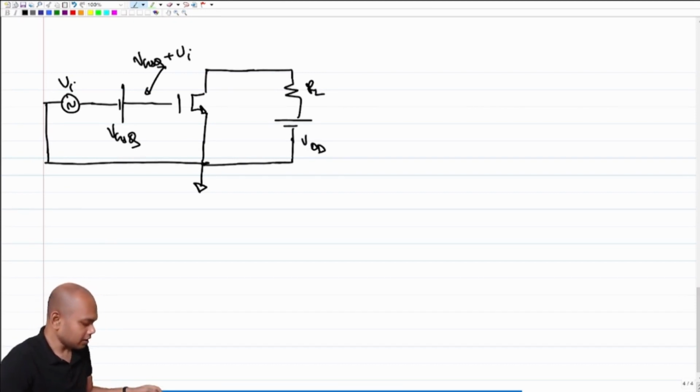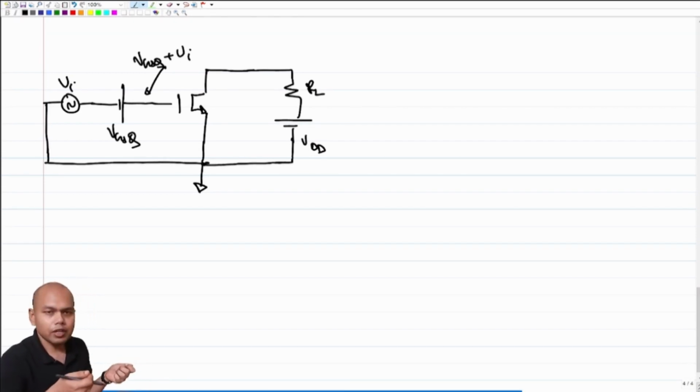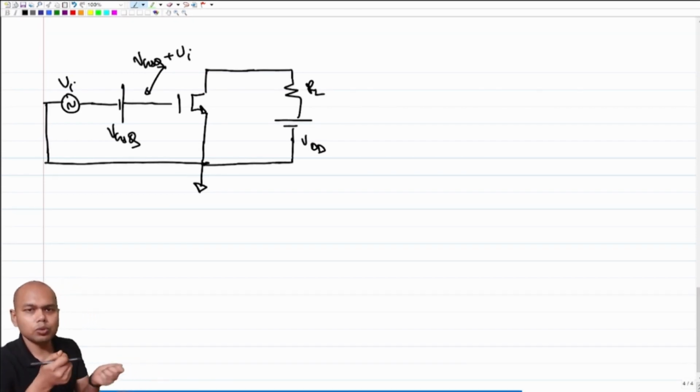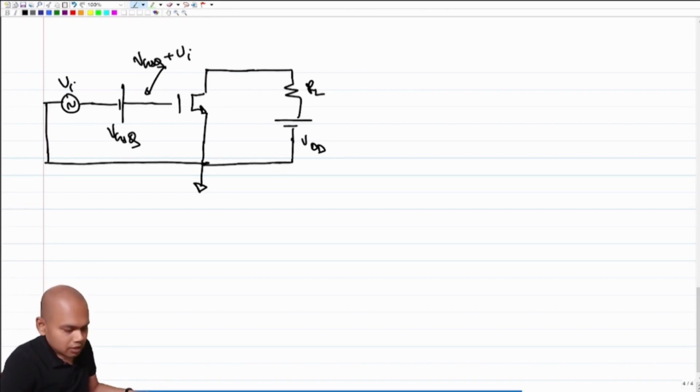Now, while this works perfectly, there are some practical issues with it. What are those practical issues? One of the most important practical issues is that you often cannot have access to two terminals of a battery, right?